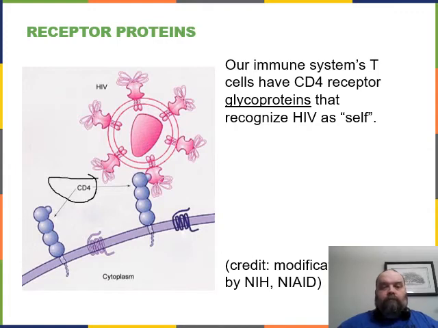CD4 sticks out of the cell so that its appropriate signal, whatever that's going to be, as it's floating by, will attach. It will then cause a series of reactions in the cell. Cell starts to do something, cell stops doing something. That's the purpose of a receptor.